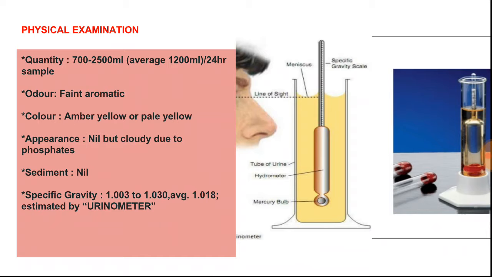Sedimentation nil. Specific gravity 1.002 to 1.030, or averagely 1.018 for normal. It is estimated generally by a urinometer. Here the urinometer picture is shown. In our next videos we will discuss the urinometer broadly.